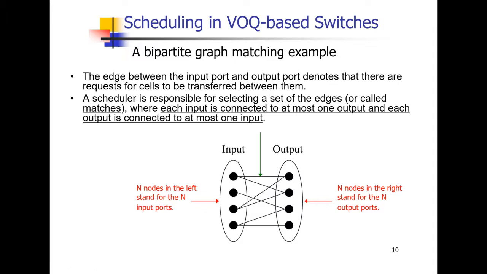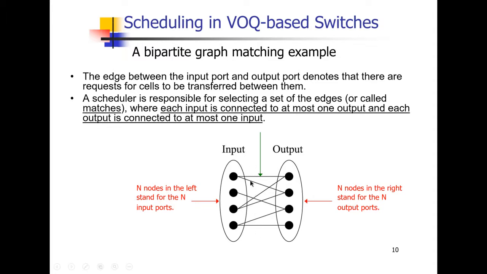And then we can also use an arc again to represent cells that are actually transferred in a given time slot. So there is another graph that represents the cells that are actually transferred. How many cells can we transfer? Clearly, we can transfer up to n cells because this is the maximum capacity of the switch.